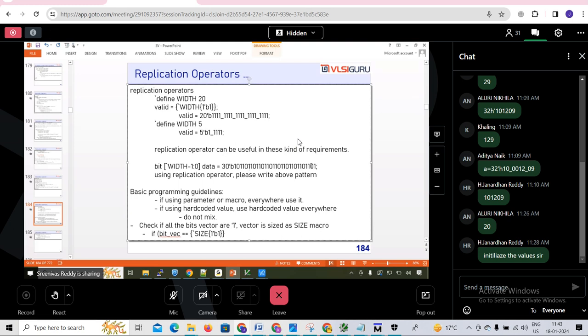So if I want, okay, can you write this pattern using the replication operator? Just see the pattern, what is happening.